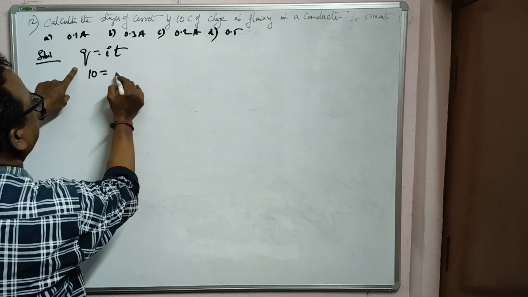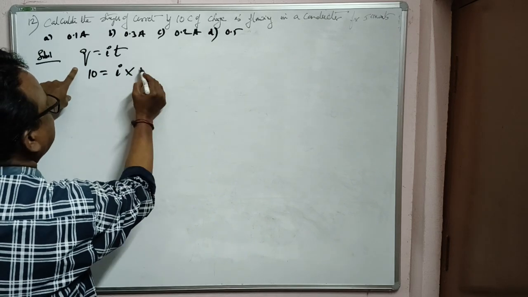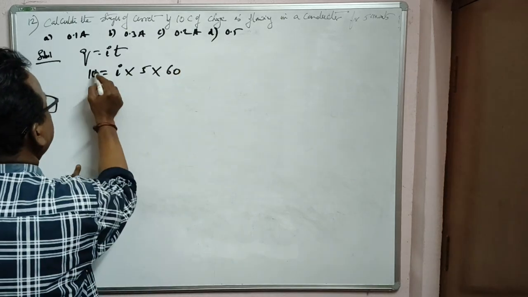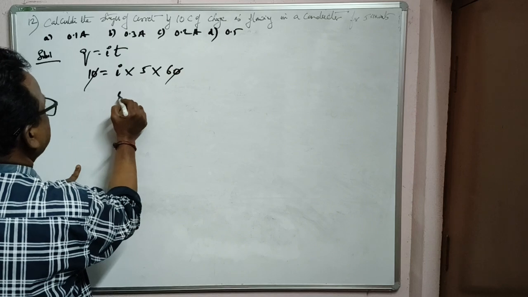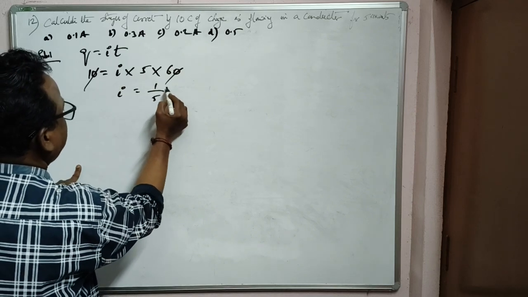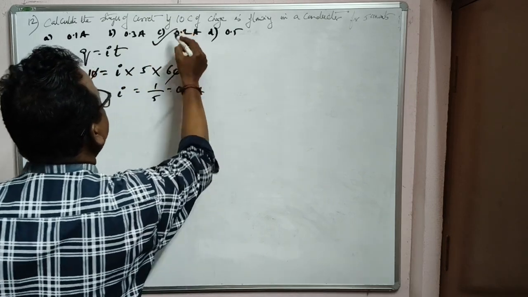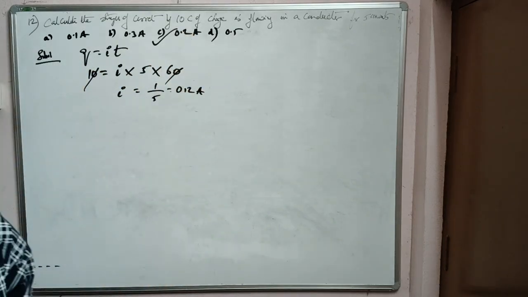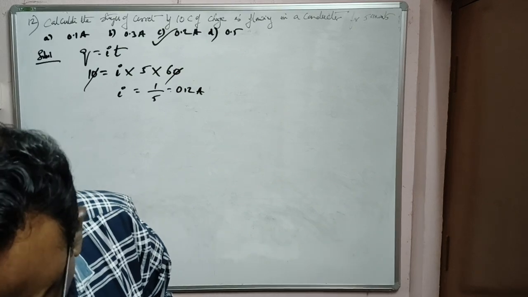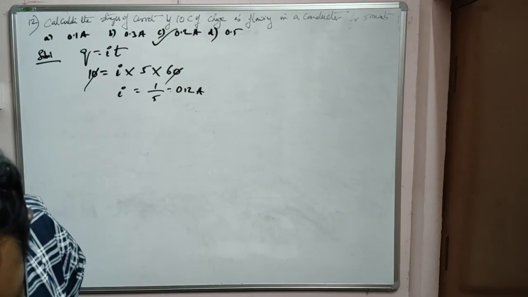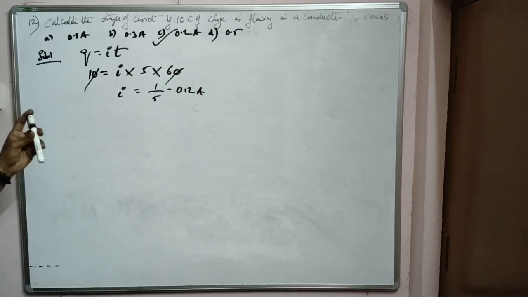Time is 5 minutes, 5 into 60 seconds, because 1 minute is equal to 60 seconds. So I is equal to 10 by 50, which is 1 by 5, that is equal to 0.2 amperes. C is the answer. Very easy one. Clear? Shall we go to the next one? Please note down.